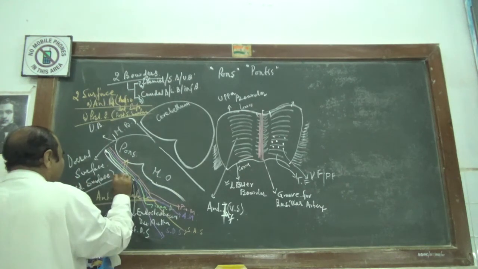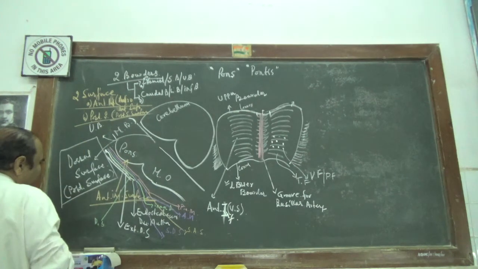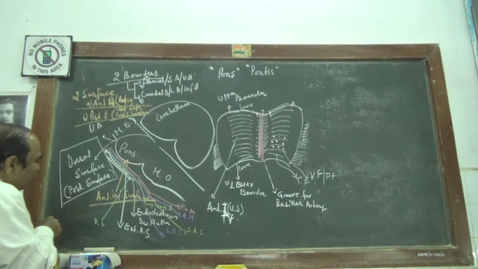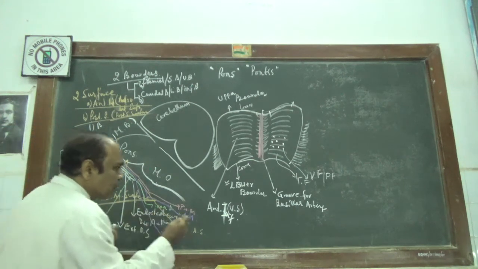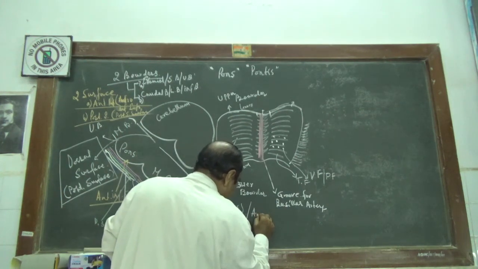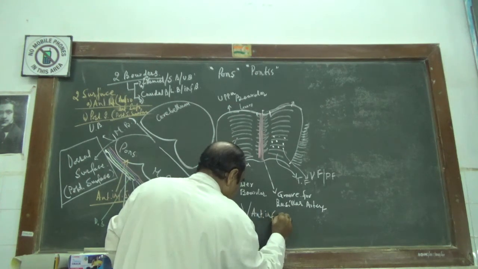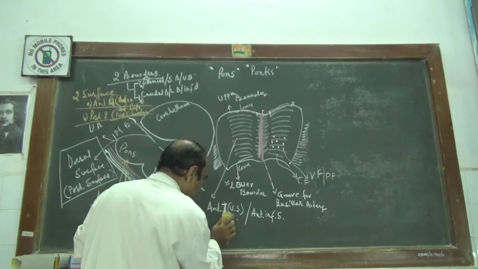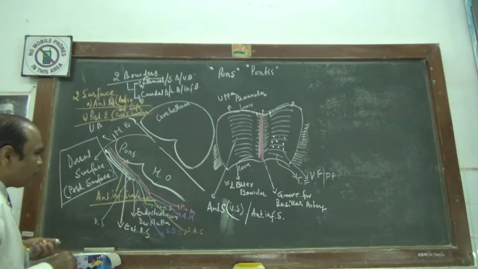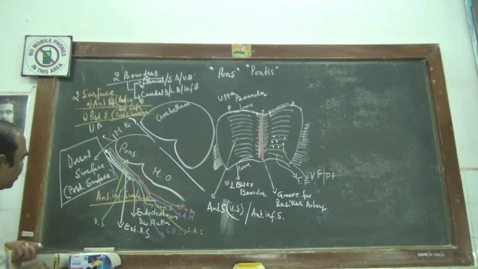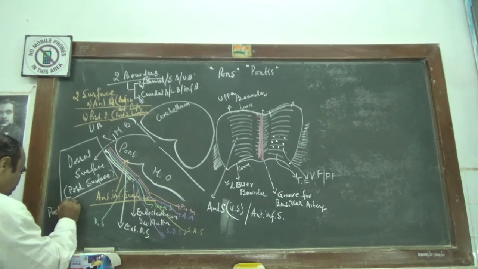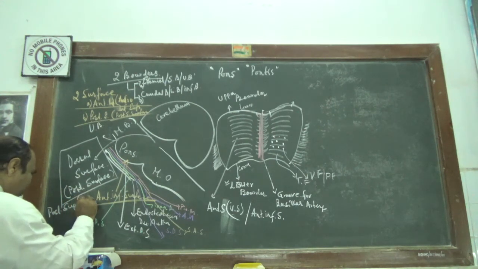Now you have to go to the dorsal surface. This surface is called the dorsal surface, or the posterior surface. The dorsal surface, the posterior surface, is also called the posterior superior surface.